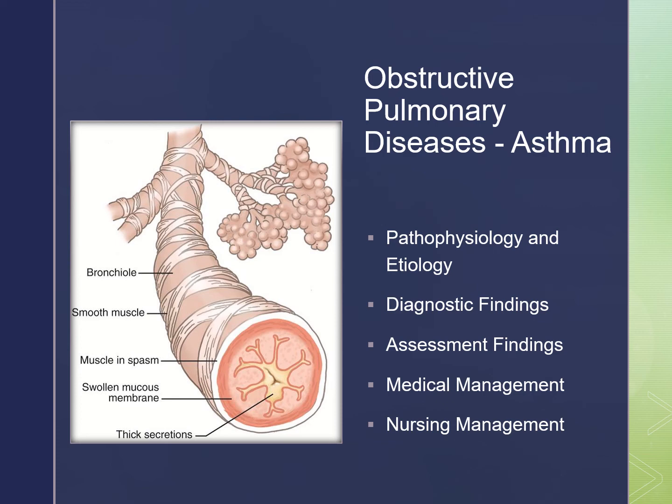So we need to teach our clients about medication administration, maybe oxygen administration. We need to teach them how to use their metered dose inhalers. We also need to teach them how to do peak flow monitoring. Peak flow monitoring is where they daily monitor what their lung volume status is. And it is going to guide their treatment for the day.